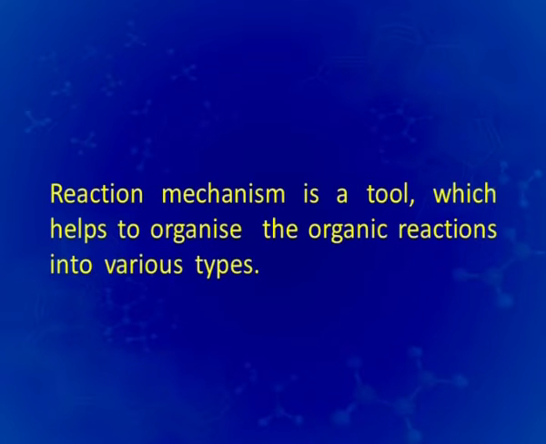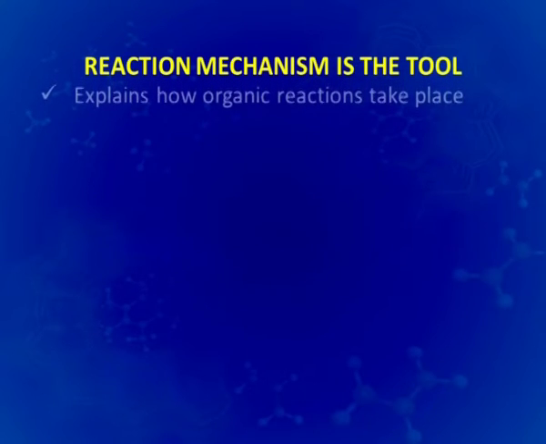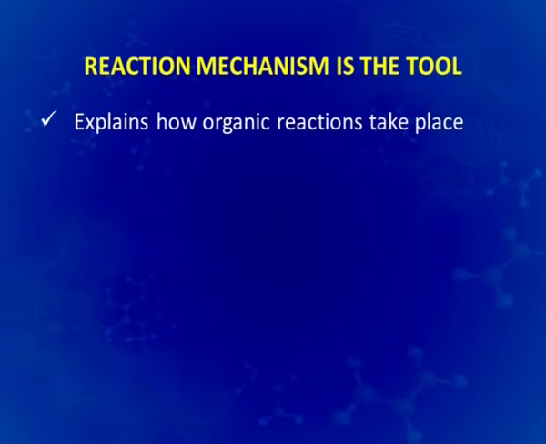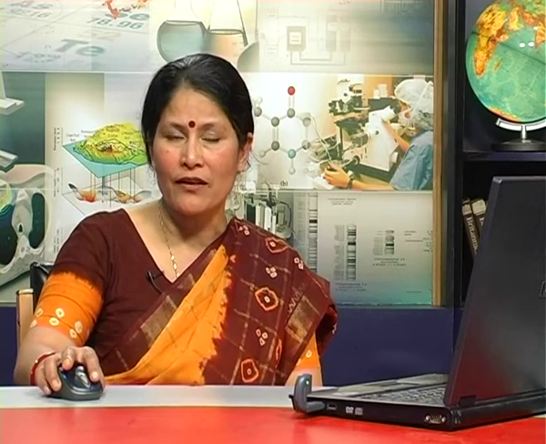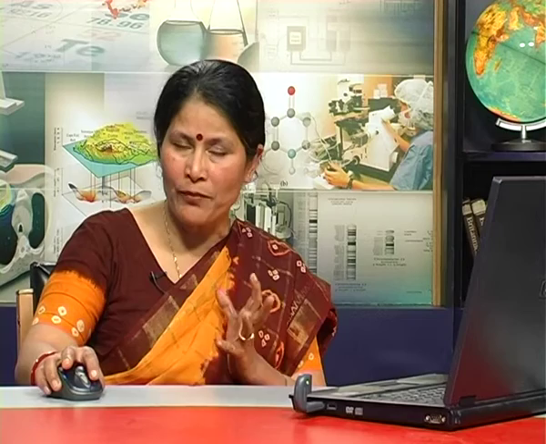It also tells exactly what the various steps are which take place in an organic reaction, and it relates the different reactions which generally look unrelated. There may be two reactions leading to very different products, but by way of reaction mechanism we come to know of a common link between the two reactions, that is, the intermediates which from one step to the other lead finally to the products.